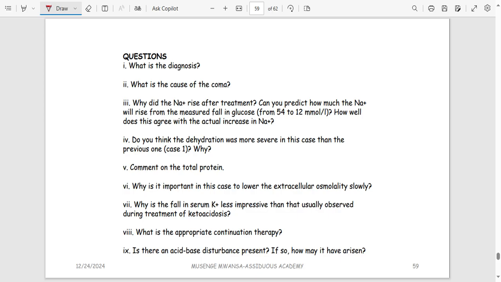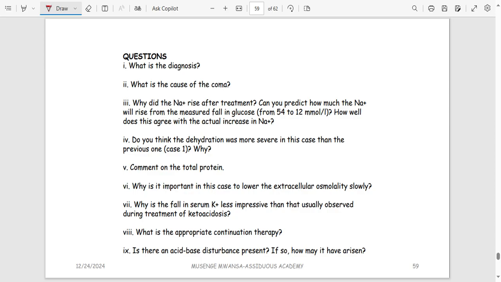When you start treating someone with high sugar, glucose will start entering the cell, and as glucose is entering the cell, water also starts moving with it into the cell. So sodium in that case will rise, right? Why is it rising? Because you are reducing the ECF volume where glucose is.